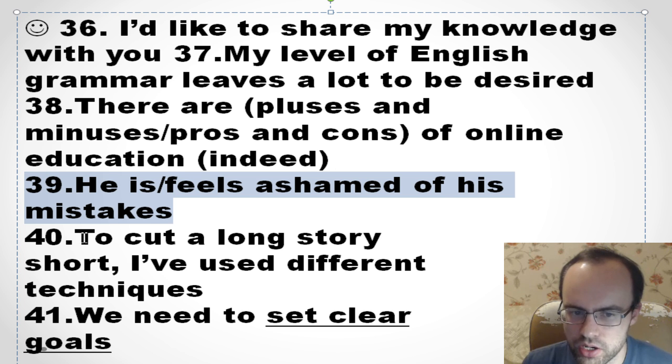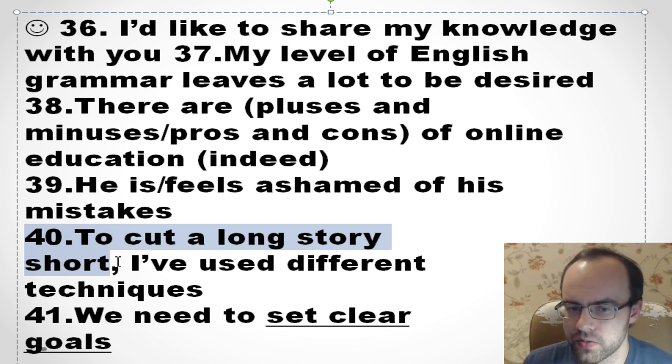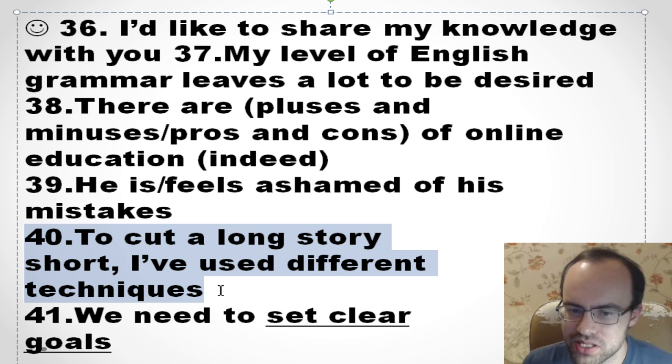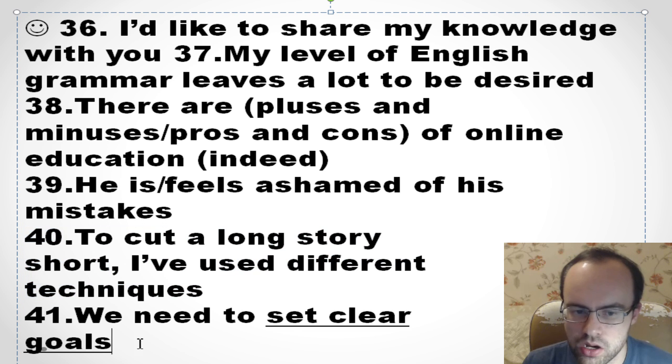To cut a long story short, or just shortly, briefly, I've used different techniques, I've used different methods. And we need to set clear goals, clear strategies, clear plans, and so on. So set clear goals.